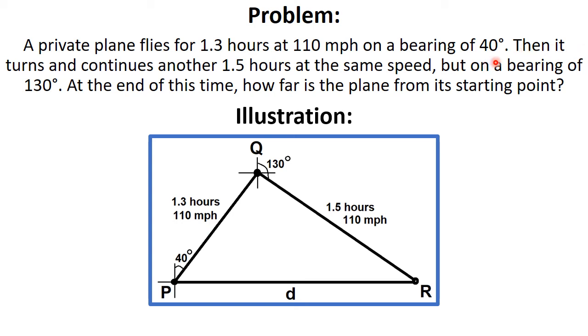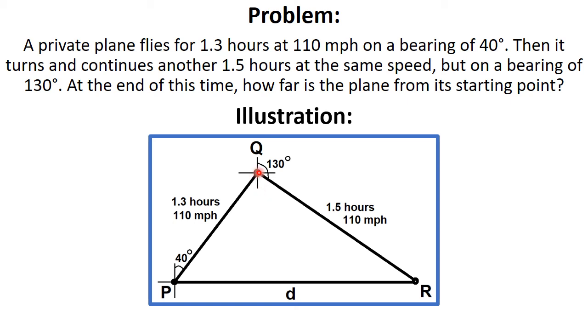Then, it turns and continues another 1.5 hours at the same speed, but on a bearing of 130 degrees. This time, we draw the axis again, horizontal and vertical, at point Q, and from the north line, we rotate the terminal side until we reach the estimate of 130 degrees, which is between, but not halfway, of 90 degrees and 180 degrees.